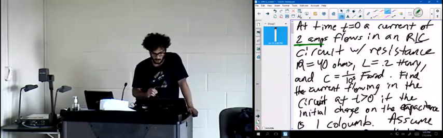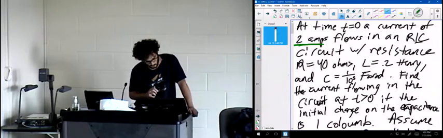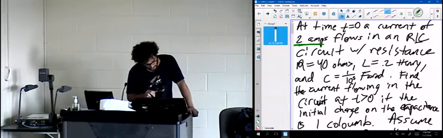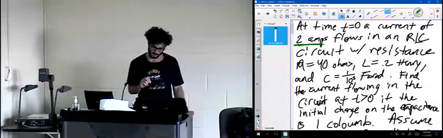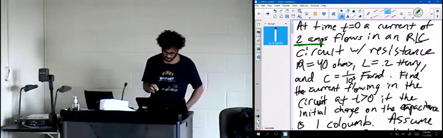Flows in an RLC circuit with resistance equal to 40 ohms. It's got inductance equal to 0.2 Henry. I like that unit. That's a good unit. And capacitance is equal to 1 over 10 to the 5th farad.